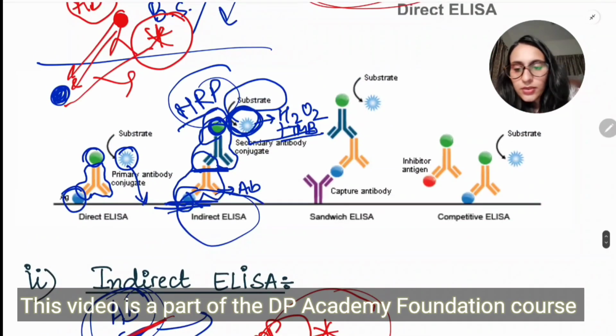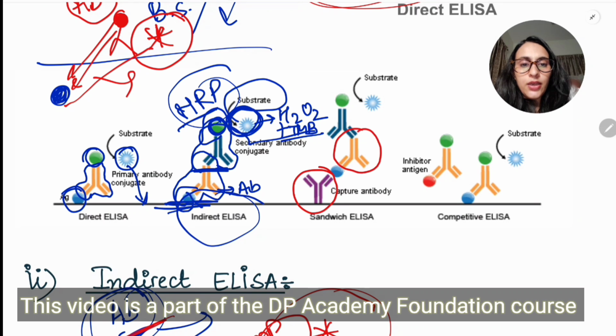So we are taking antigen from the patient sample and putting it inside. This is antibody, and in between antigen is placed, and that is known as sandwich ELISA. One antibody, another antibody, and here antigen is placed.